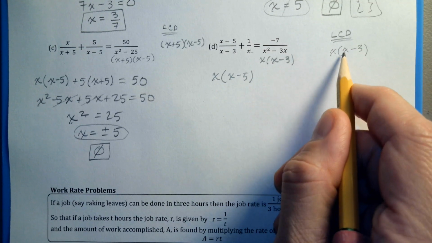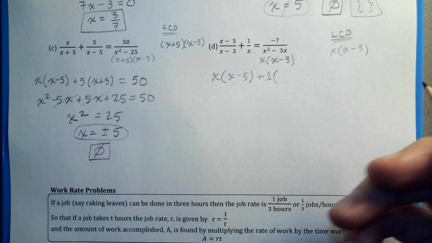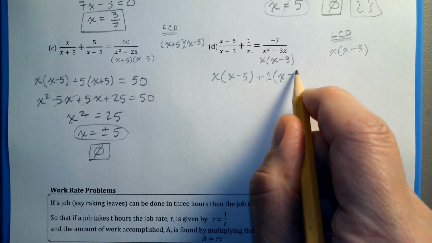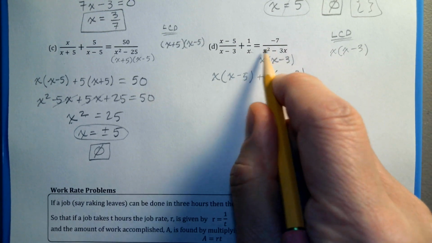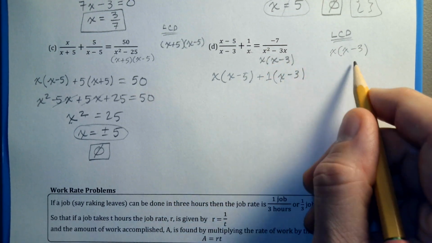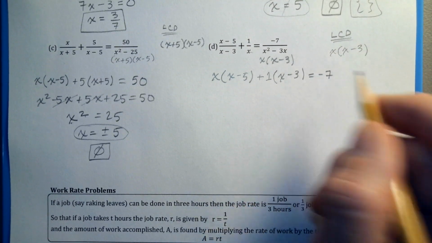The x will cancel this time, leaving me with 1 plus x minus 3. And then on this last part, the whole denominator goes away, cancels everything up there. That's leaving us with just negative 7.